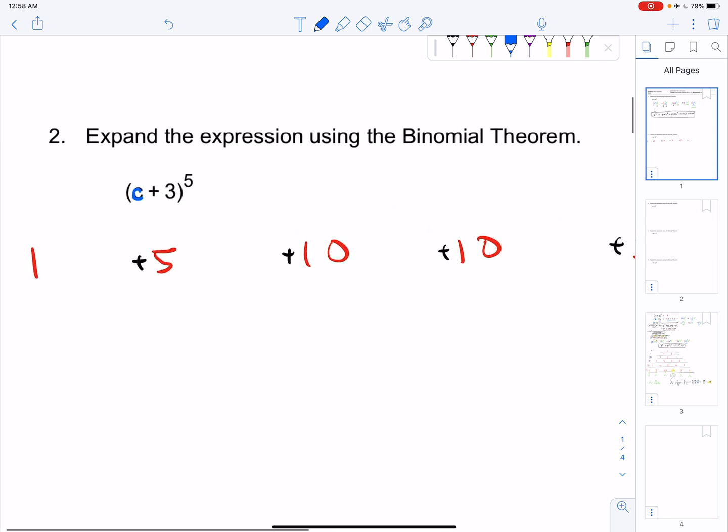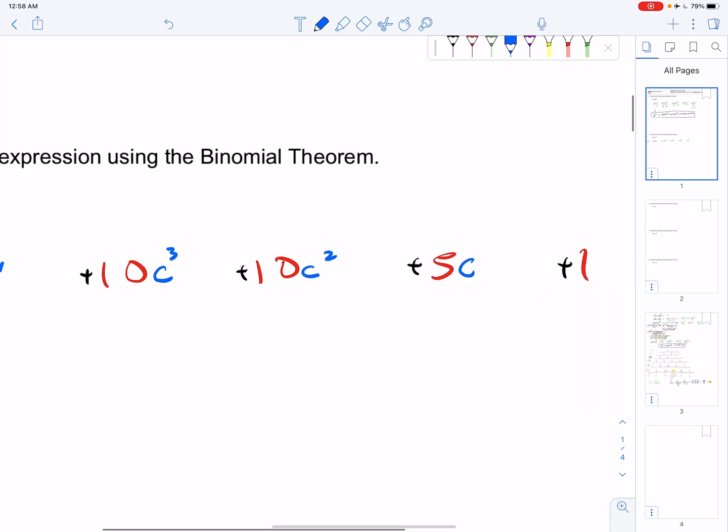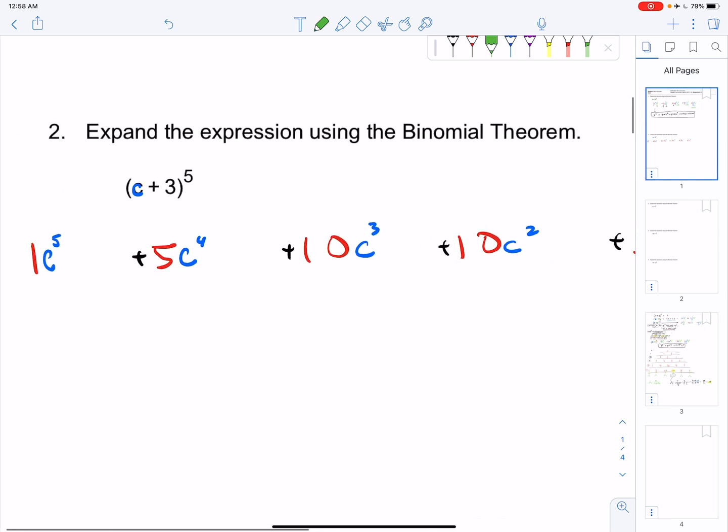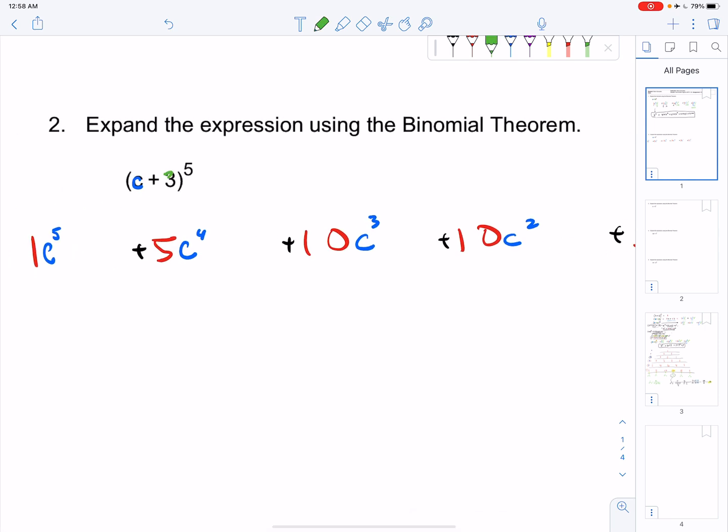This C value is going to be C to the fifth, C to the fourth, C to the third, C to the second, C to the first, C to the 0. What else do I have? I've got 3.